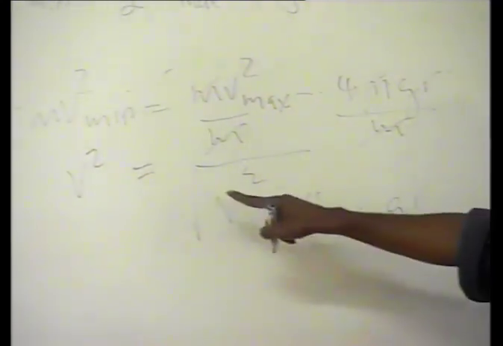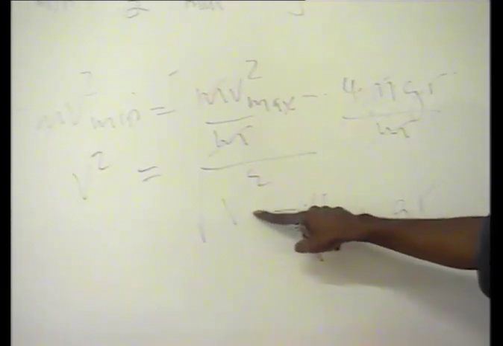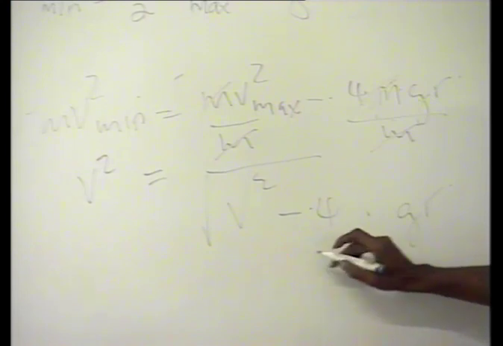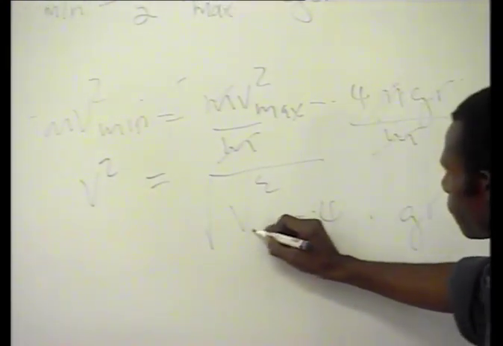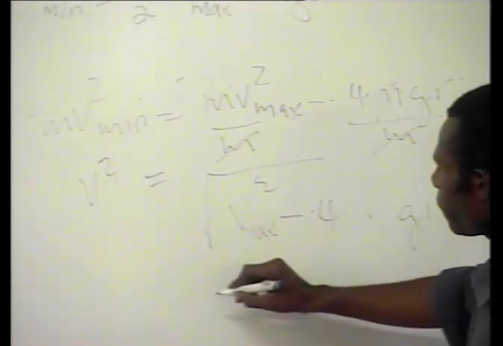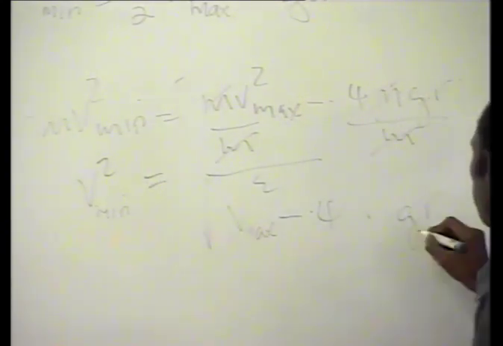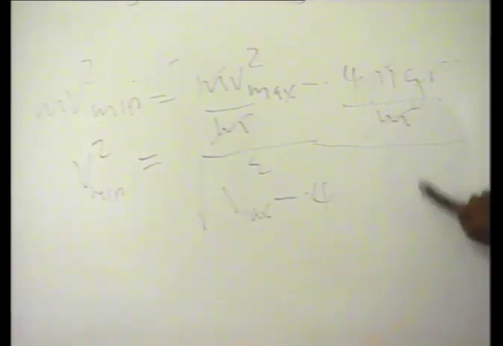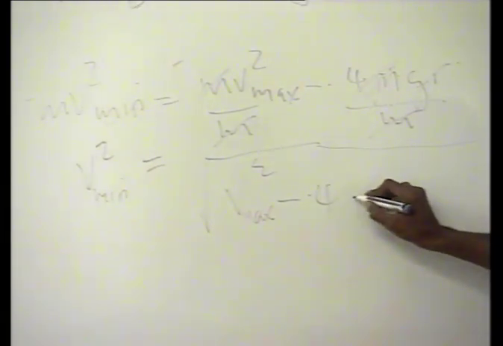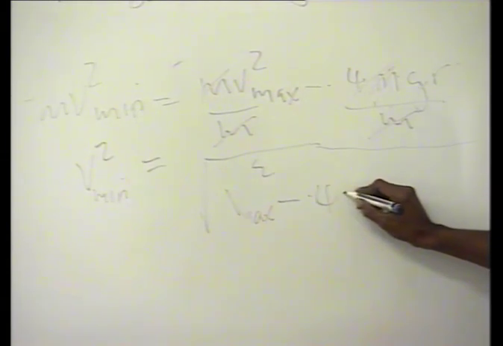So you have v square equals to v square max minus 4gr. That is how you do it, you just put in those values, and then I'll give you one more example to solve.